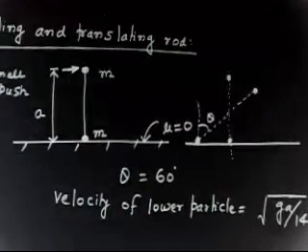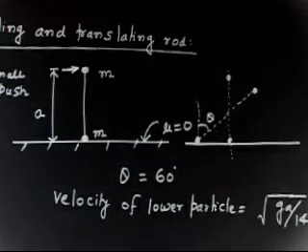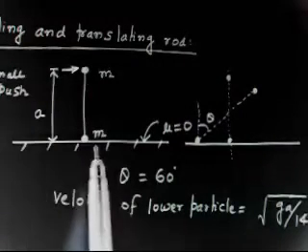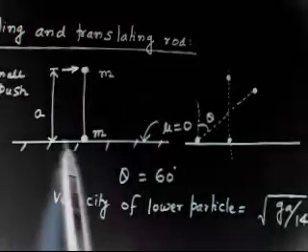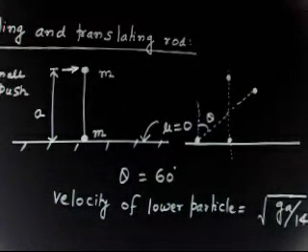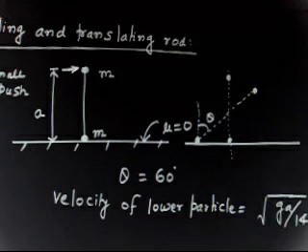Now let us try to see what is happening in this case. Once you give a small push, this will start to fall this side, but this will slip this side. So this system can be composed of two kinds of motion, translation plus rotation.